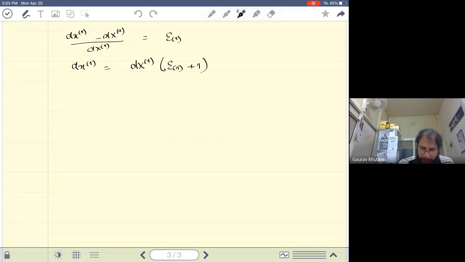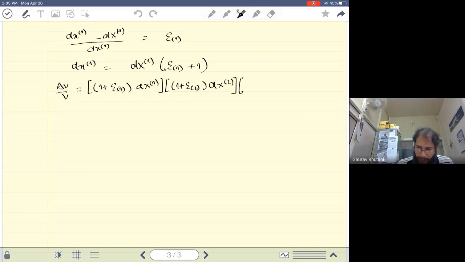So then we can write delta v by v as follows. So this is d small x1, similarly d small x2 is this, and then that's d small x3.